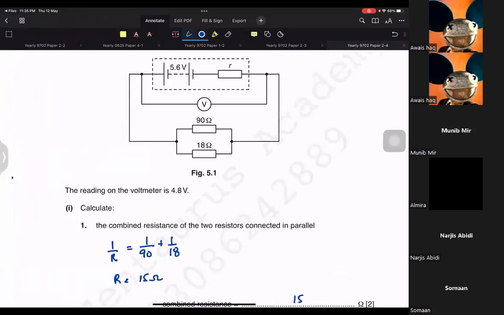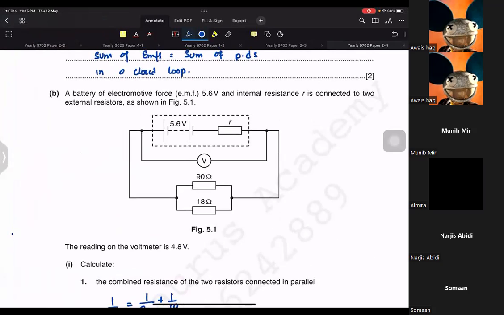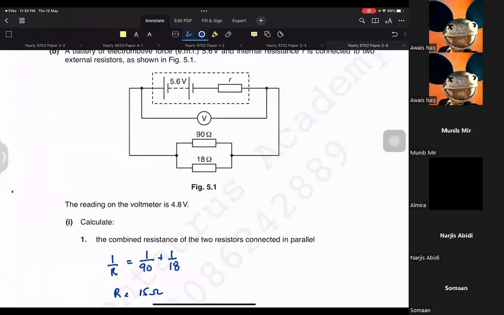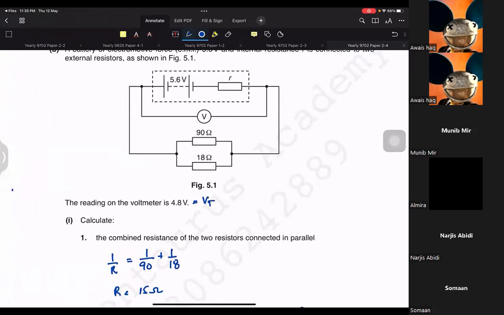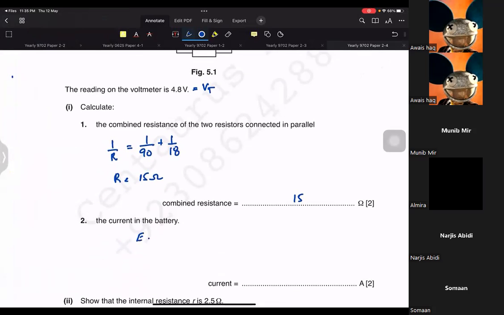That's great. Now the current in the battery. Okay, so the reading on the voltmeter is 4.8. So that's the terminal potential, if you know. Now the equation is EMF equals terminal potential plus the voltage loss. But for the current in the battery, we don't need this.